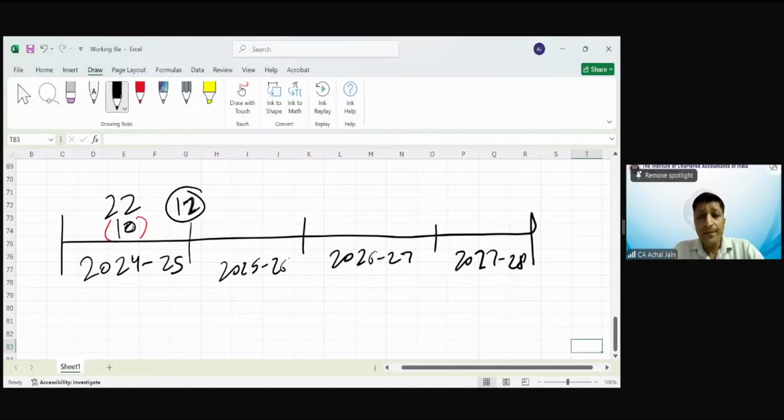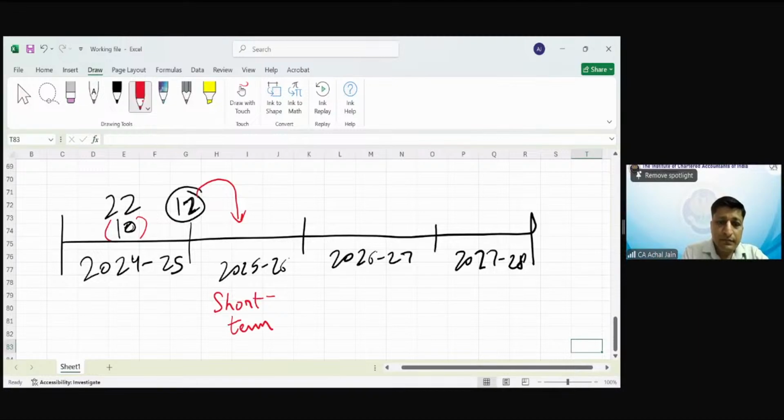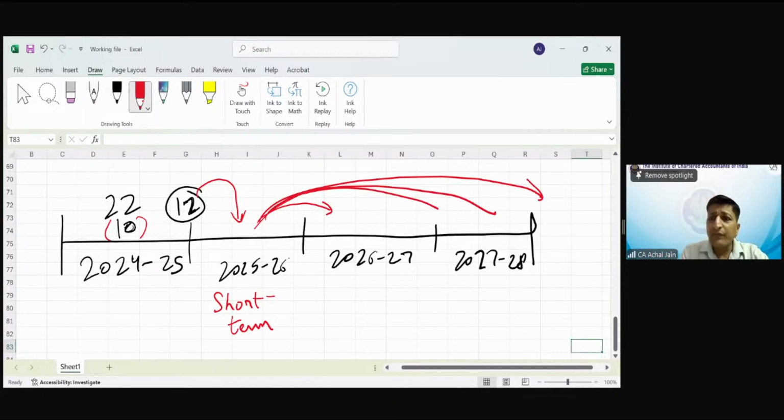Now, in this case, entity will have to build the expectation for two things. That out of these unavailed leaves, what is the portion which will get availed in the next year? Why? Because anything which gets availed in the next year will be called as short term, and anything which goes beyond 12 months, which could be in this year or maybe in any of the subsequent years, what will you call it as?